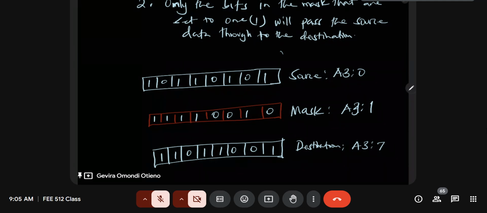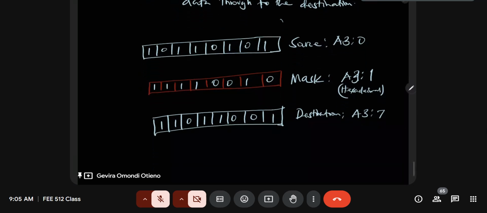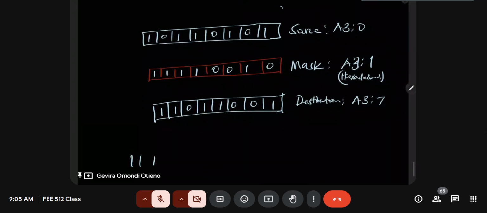But the mask is usually in hexadecimal number. So there's usually a hexadecimal equivalent. These bits here have a hexadecimal equivalent. I don't know what it is, I would need to do that conversion, but the mask needs to have a hexadecimal equivalent. Maybe a lot of us have forgotten.